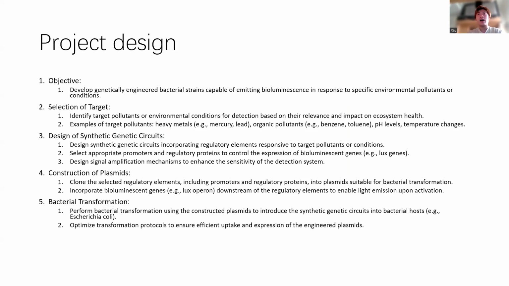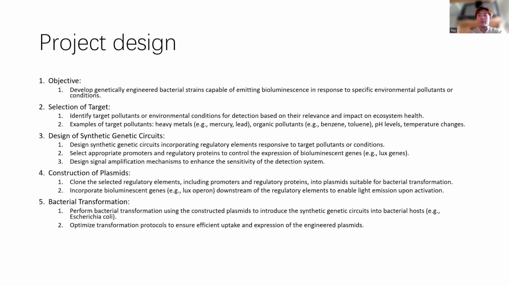So I tried my best to design a project. Our project embodies the convergence of synthetic biology and environmental science to tackle pressing ecological challenges. At its core, this endeavor aims to engineer bacterial strains capable of emitting bioluminescence in response to specific environmental pollutants or conditions.